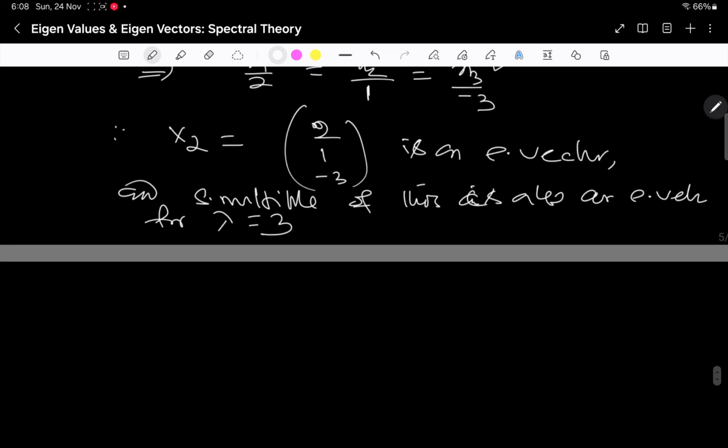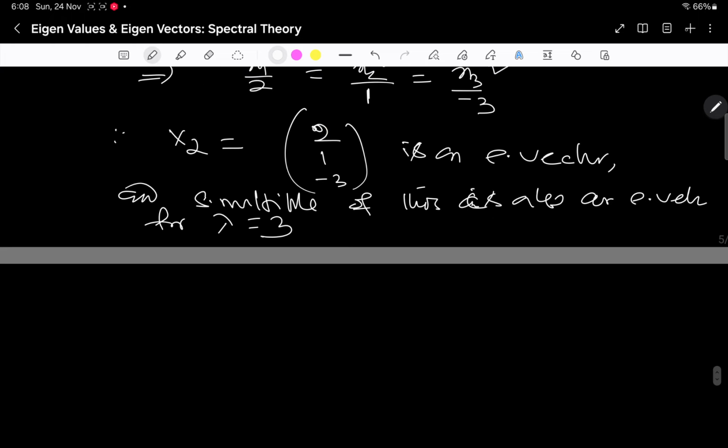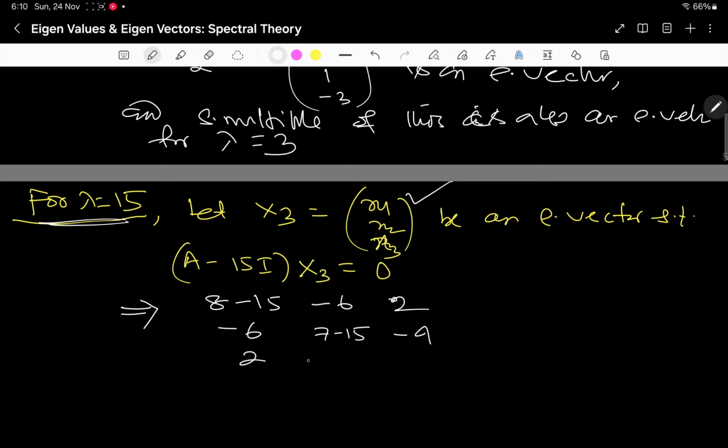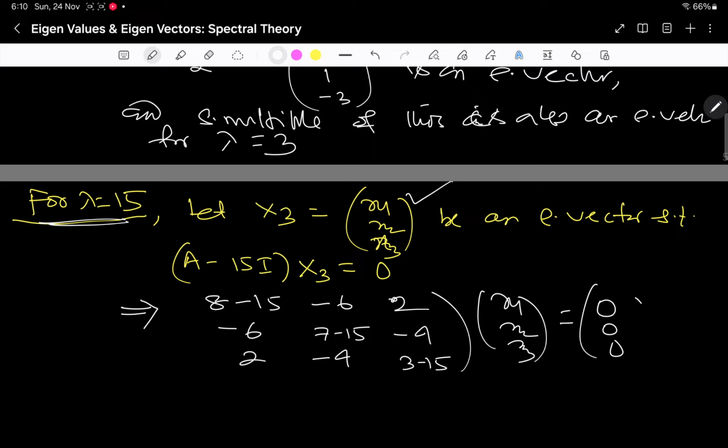Likewise, we have to find the eigenvector for lambda equal to 15. Let x = (x1, x2, x3) be such a vector. So this implies A minus 15I, in the diagonal position we will subtract: 8 minus 15, minus 6, 2; minus 6, 7 minus 15, minus 4; 2, minus 4, 3 minus 15, times x1, x2, x3 equal to 0, 0 and 0.